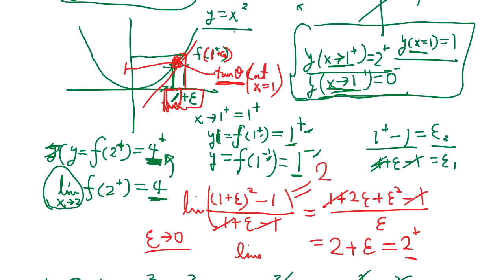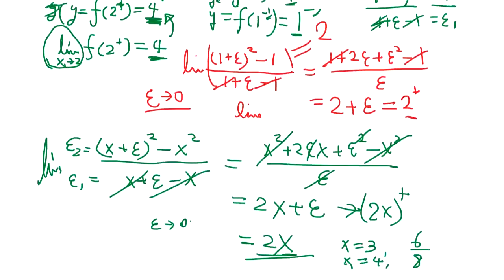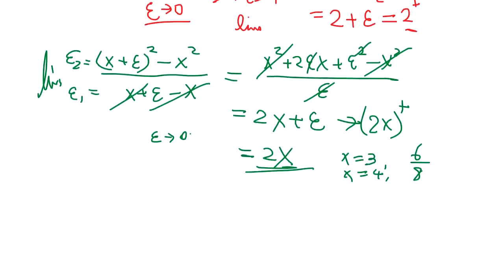So now there is a very good use of this infinitesimally small number. We just take an infinitesimally small number, f of x plus epsilon minus f of x, and take the ratio.